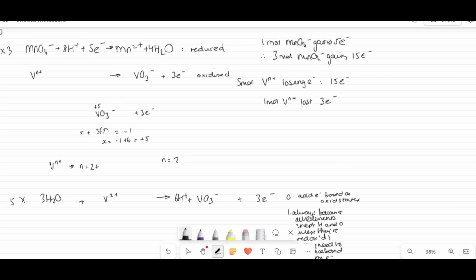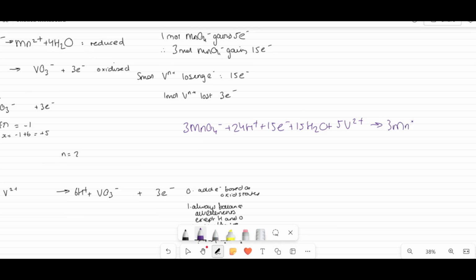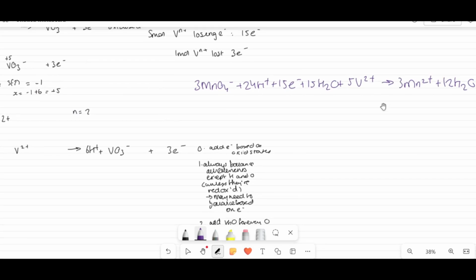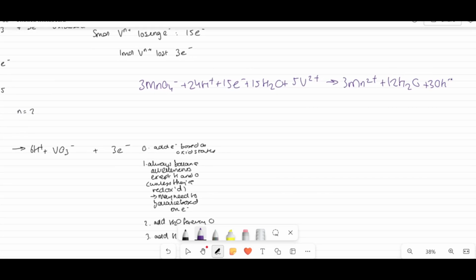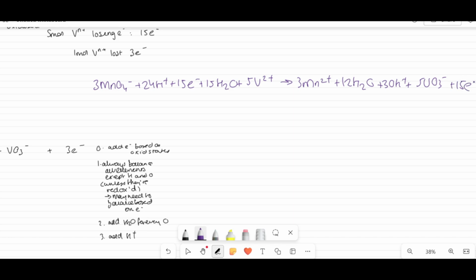So if I do it zoomed out over here, in purple so it's separate, you would get 3 MnO4 minus plus 24 H plus 15 e minus, and then these ones down here, plus 15 H2O plus 5 V2 plus goes to 3 Mn2 plus 12 H2O, and then we're timesing that bottom one by 5, so plus 30 H plus 5 VO3 minus plus 15 e minus.